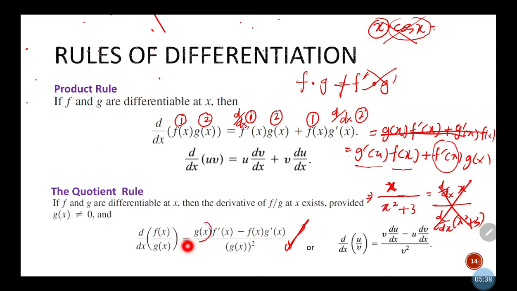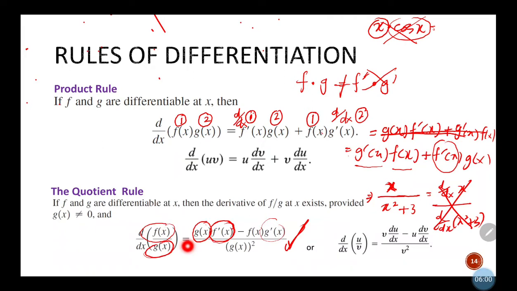It always has g(x) times f prime x: the denominator times the derivative of the numerator, minus the numerator times the derivative of the denominator, over the denominator square. You know the denominator is the bottom and the numerator is the top.